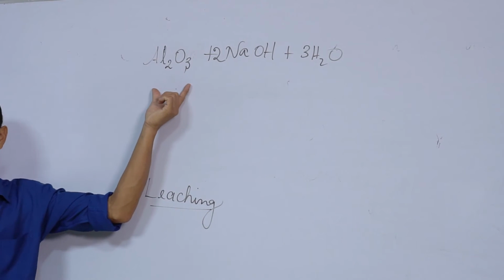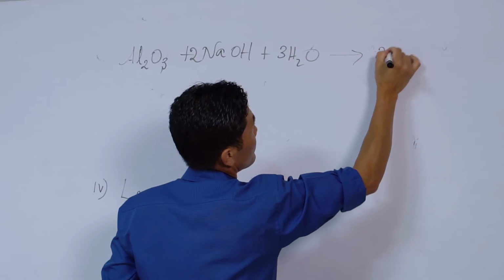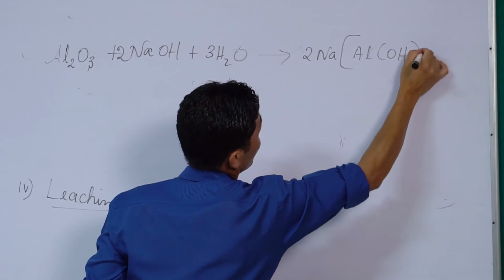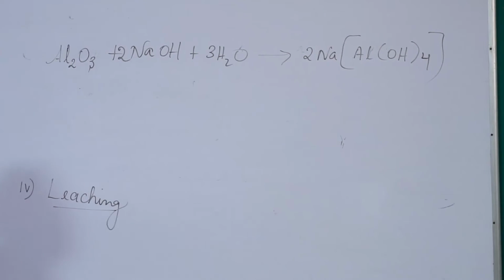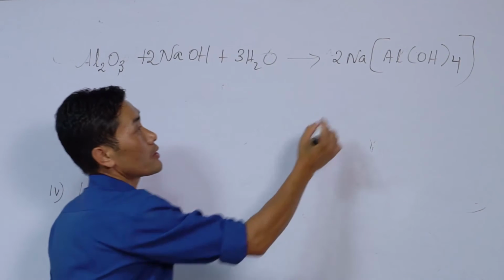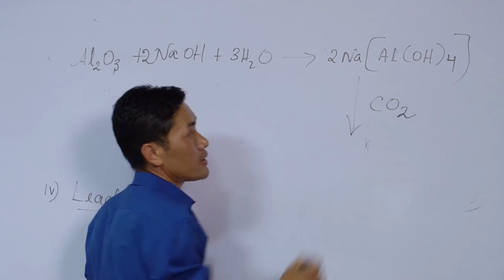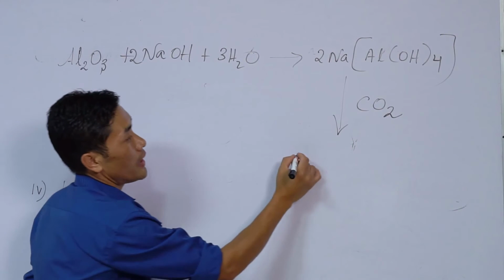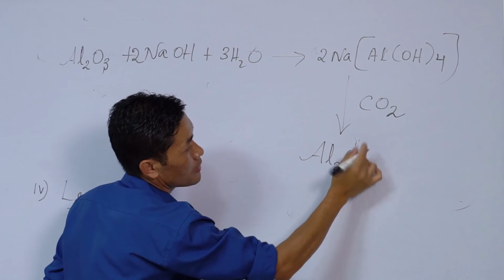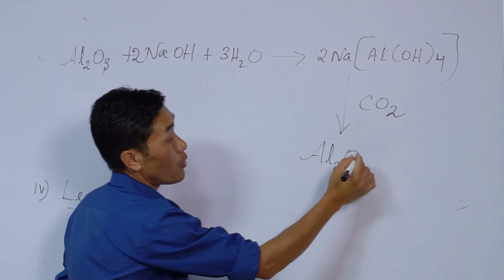The aluminum oxide is converted to sodium aluminate. The sodium aluminate that is formed is neutralized by passing carbon dioxide gas, when hydrated aluminum oxide is formed.